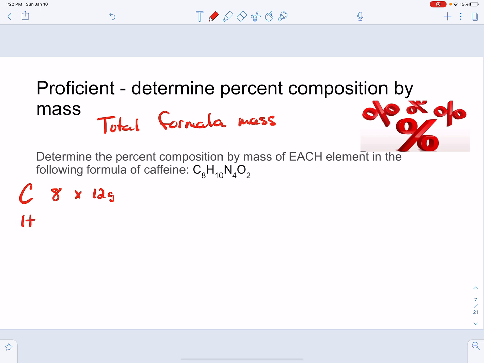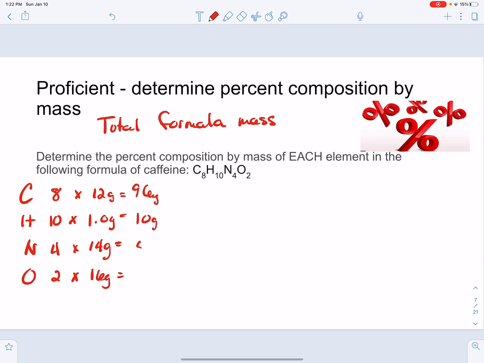It has 10 hydrogens, and each hydrogen weighs 1 gram. It has 4 nitrogens, and each nitrogen weighs 14 grams. And it has 2 oxygens, and each oxygen weighs 16 grams. When I multiply those values, I end up with 96 grams, 10 grams, 56 grams, and 32 grams. Adding all those up, my total is 194 grams.